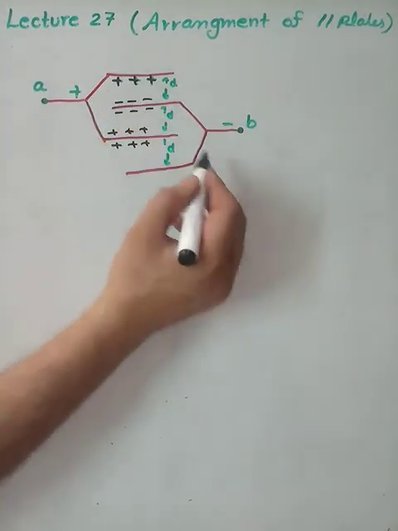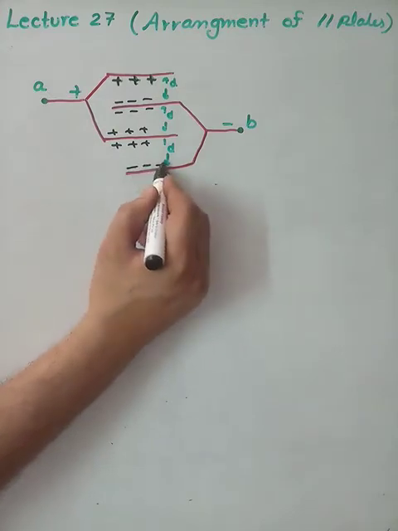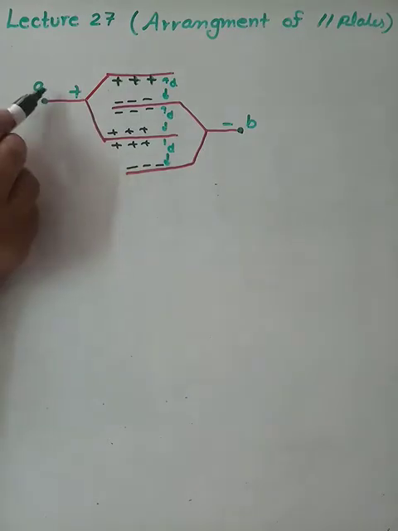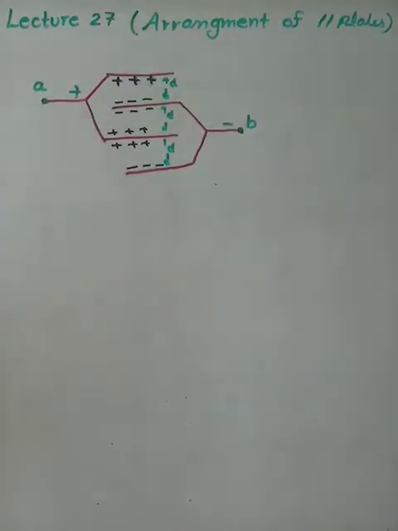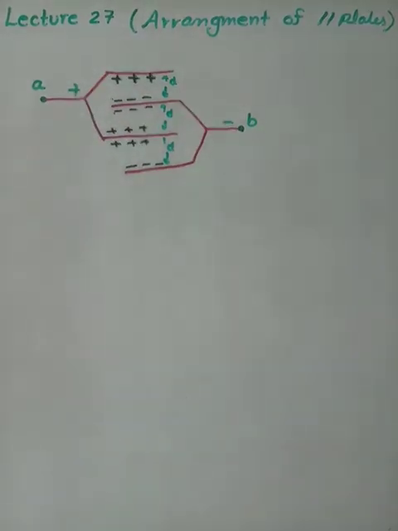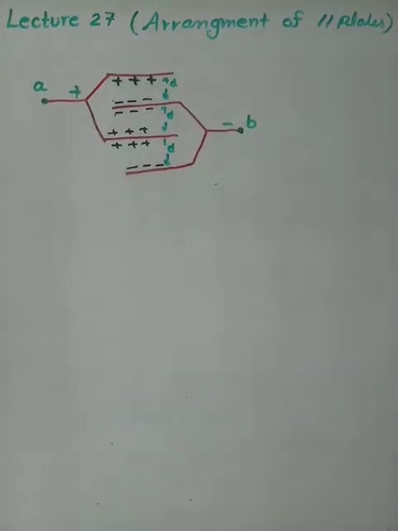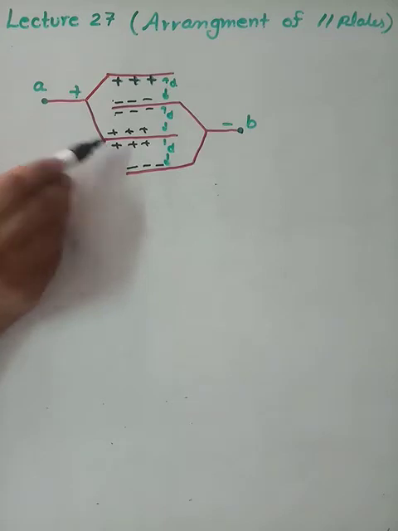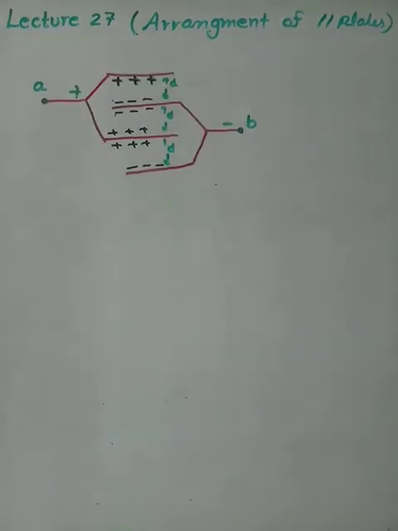This will also be negative, and all the plates which are connected with B will be negative. All the surfaces which are connected with A will be taken as positive. I have told you that if negative is connected with negative, they are assumed to be which type of combination? Parallel combination. If positive is connected with positive, again we get a parallel combination.